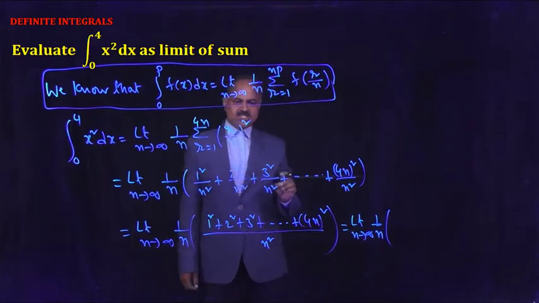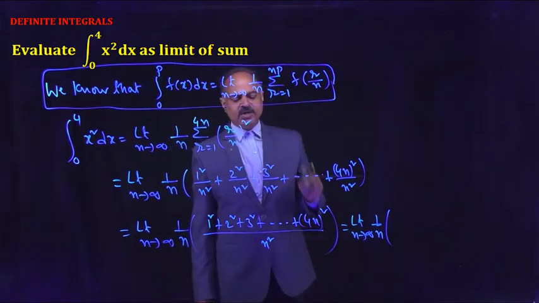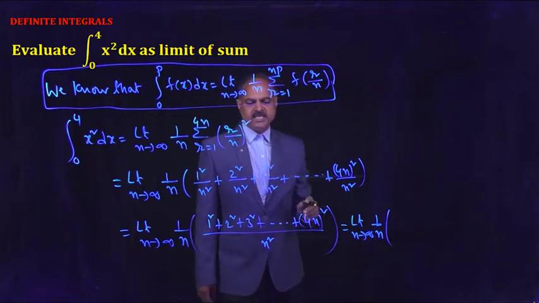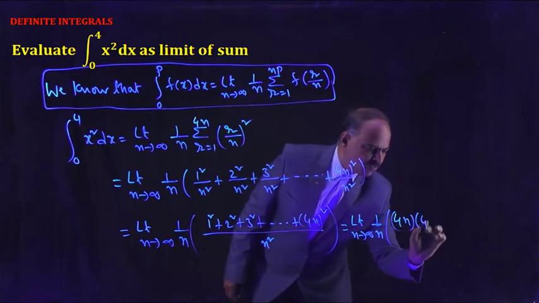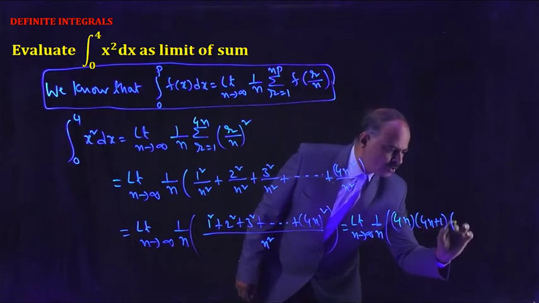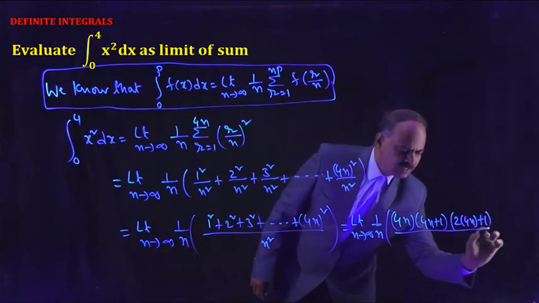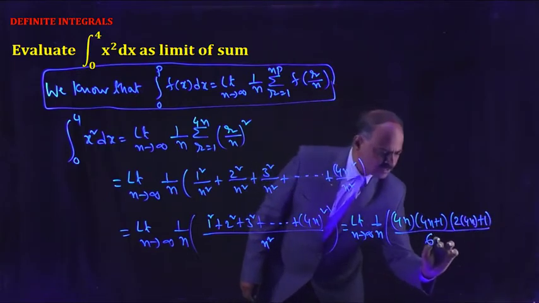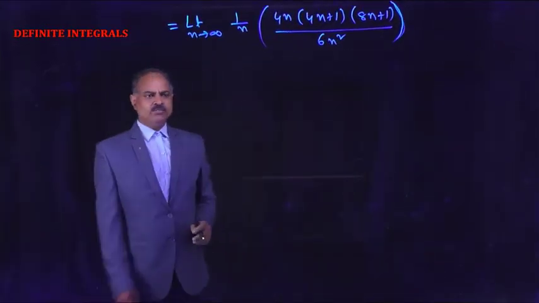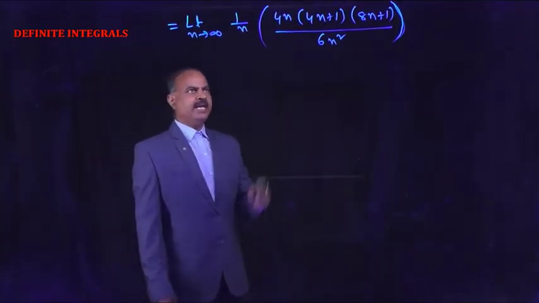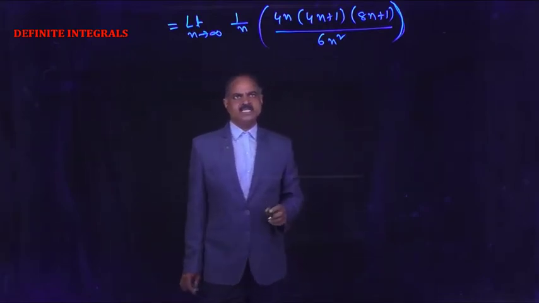We know that 1 square plus 2 square plus 3 square and so on up to n square is equal to n into (n plus 1) into (2n plus 1) by 6. So here n into (n plus 1) becomes 4n into (4n plus 1) into (2 into 4n plus 1) by 6 into n square. Now this is equal to limit n tends to infinity 1 by n into 4n into (4n plus 1) into (8n plus 1) by 6n square.